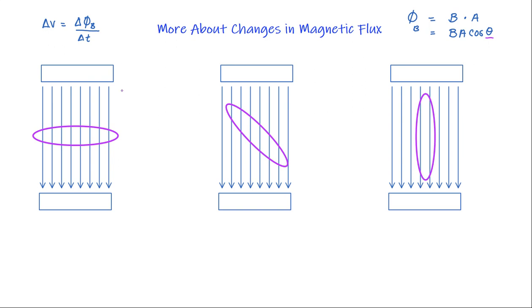Over here I have three different situations set up below, and what we're looking at is just a segment of a magnetic field. This would be the North Pole, and you can imagine this magnet is a horseshoe magnet, so it connects to this other part, which is the South Pole. We're just looking at a very small portion of the magnetic field.